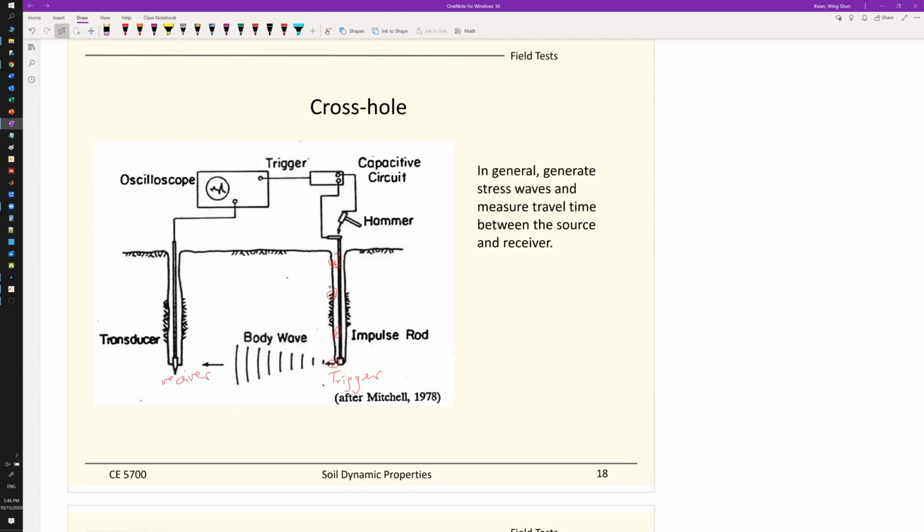So you will generate a signal, a body wave, first the P wave and then the S wave, right? The body wave has two kinds, the primary and secondary wave. Once you use a hammer or other sorts of excitation, you start from the trigger, and then there's the distance between the two.